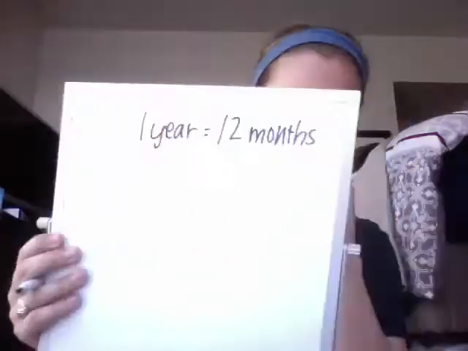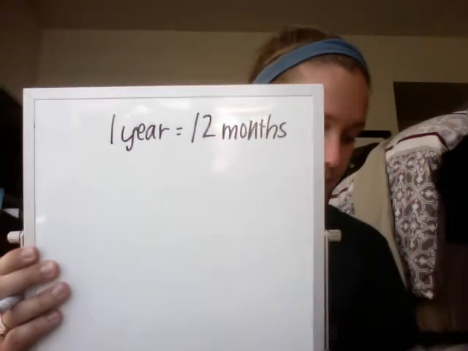We have 1 year is equal to 12 months. One week is equal to 7 days.